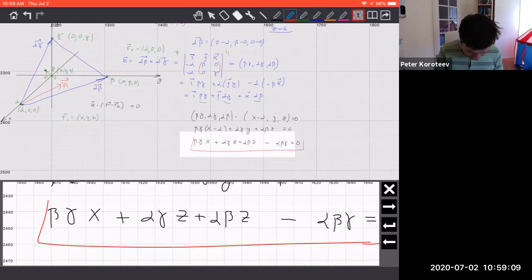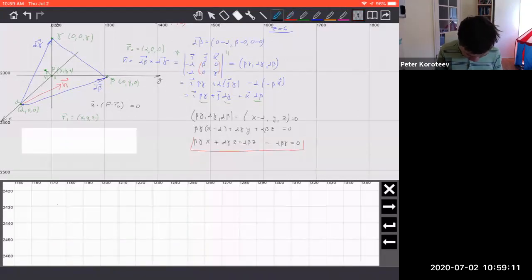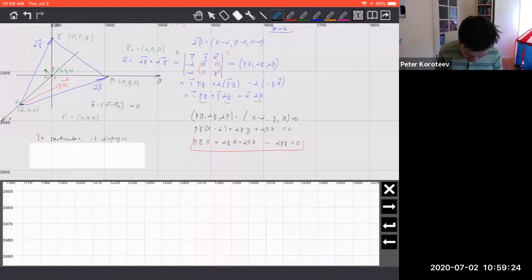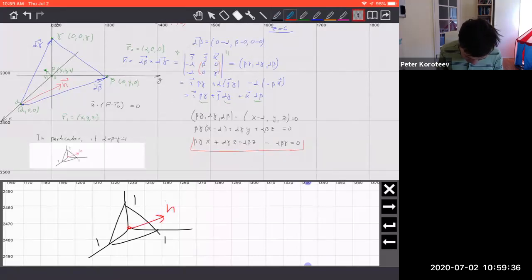So in particular, if alpha equals beta equals gamma equals 1, then you have this kind of face of a tetrahedron like that. So it's 1, 1, 1, and this is n.